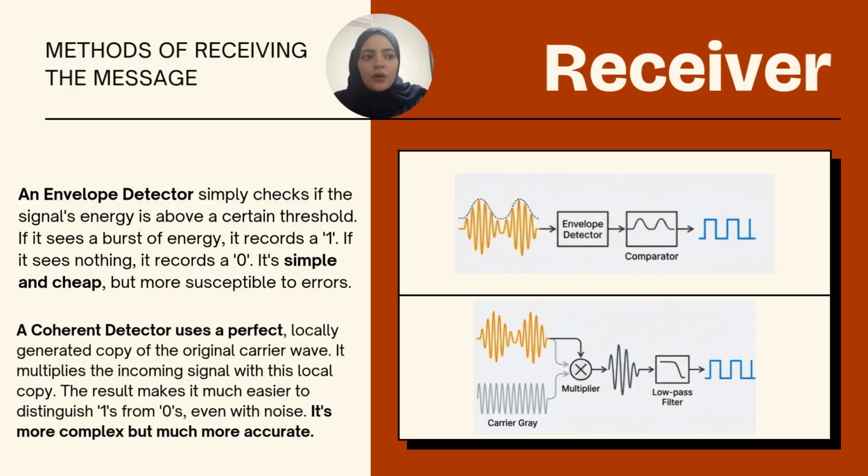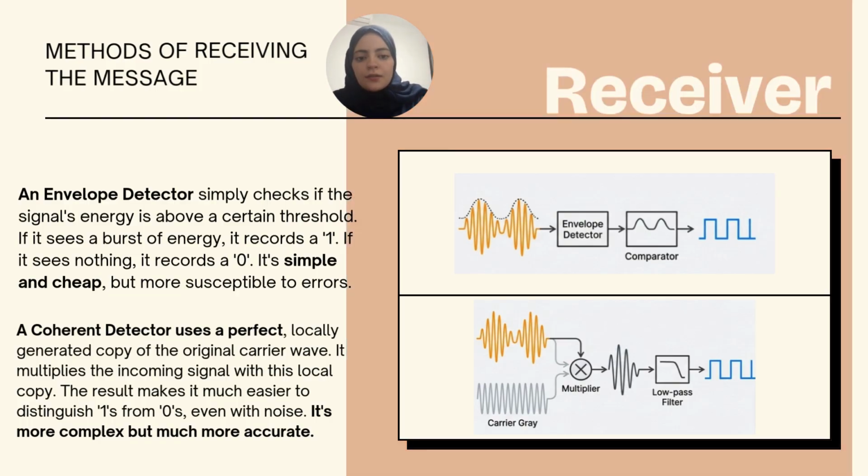It checks the signal's energy against a threshold. If the energy is above the threshold, it makes a 1. If not, it makes a 0. But the coherent detector is much more accurate, though complex, because it takes a perfect copy of the carrier wave and mixes it with the noisy signal.